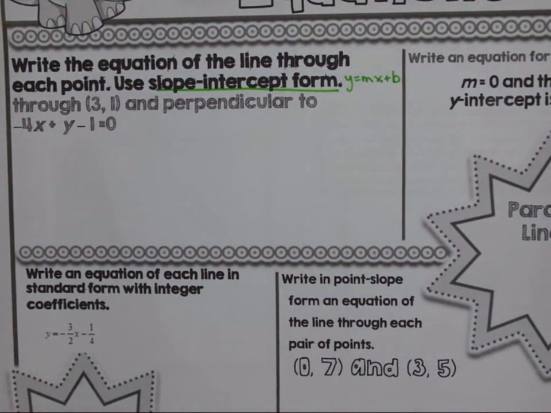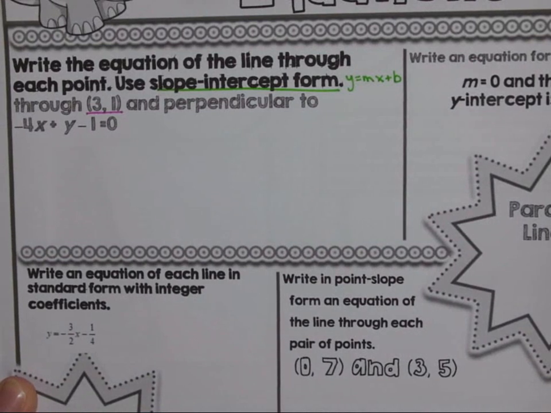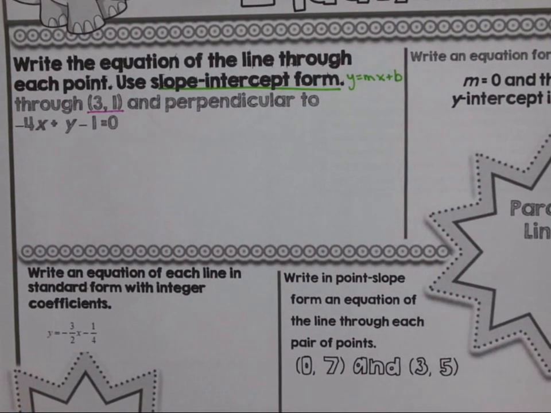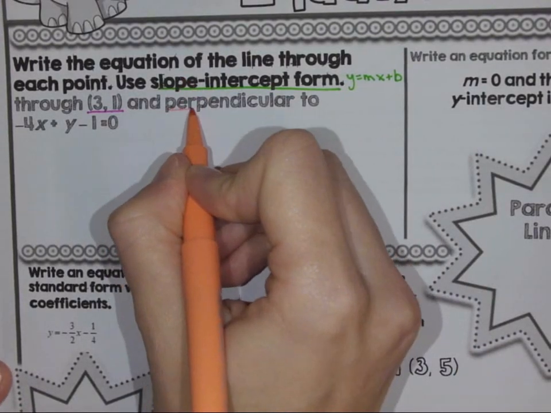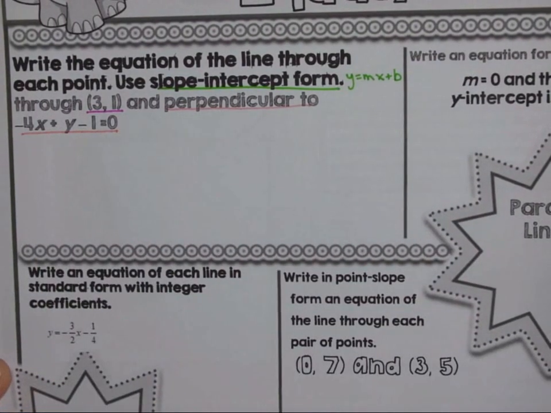We're given a point (3, 1), and we're given that it is perpendicular to negative 4x plus y minus 1 is equal to 0.